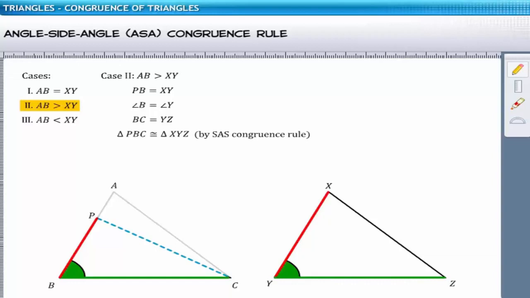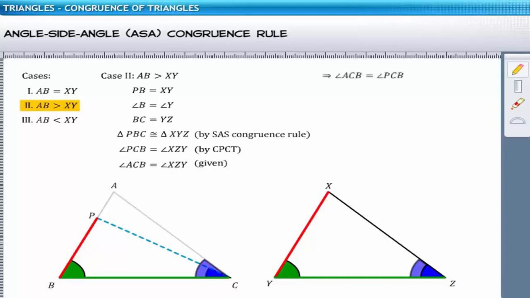Thus, by SAS axiom, triangle PBC is congruent to triangle XYZ. Since corresponding parts of congruent triangles are equal, angle PCB is equal to angle XZY. We are given that angle ACB is equal to angle XZY. So, angle ACB is equal to angle PCB.